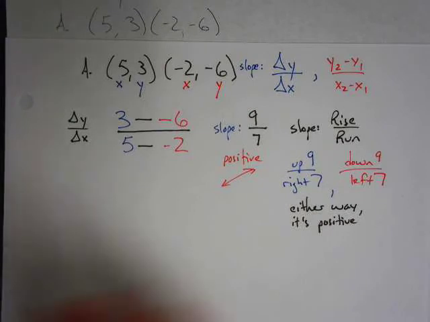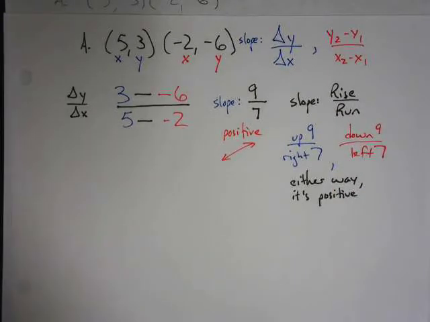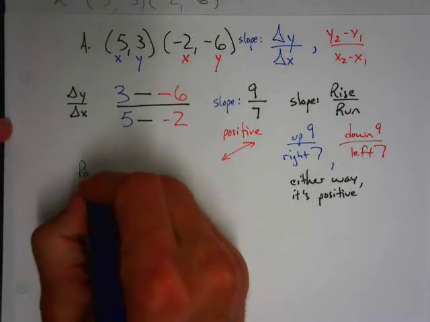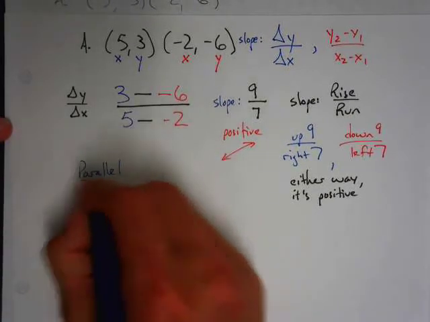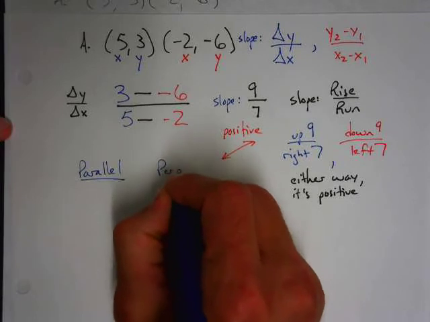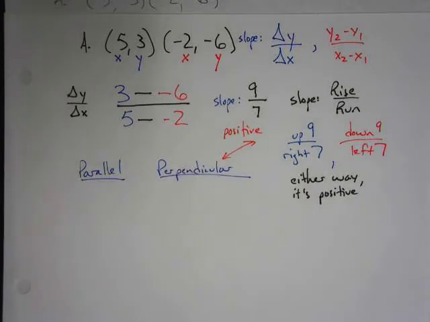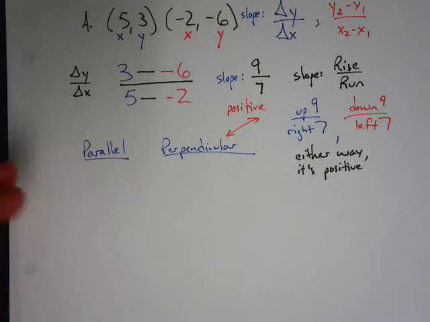So we have to remember a couple of notes. You have parallel lines and perpendicular lines, right? We've got to know a couple things about them in regards to slope. And the reason why this is important is for geometry reasons and horizon reasons and all sorts of neat stuff with navigation, so on and so forth.